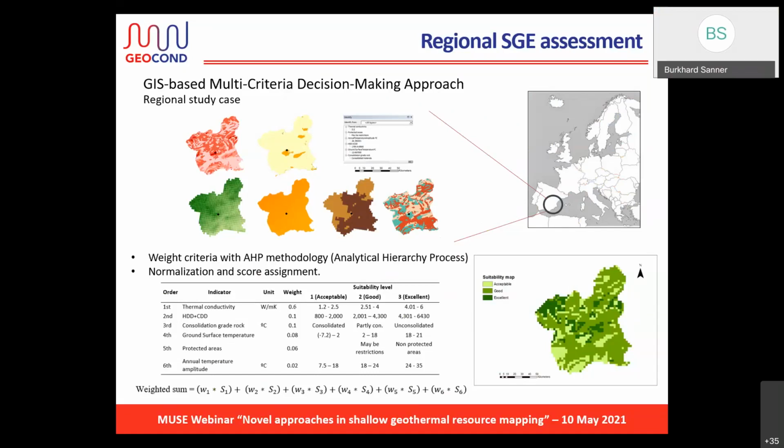It was just simply done by VDI, and we later discussed also the question of the water content and these kind of things. So there is, of course, some error in the whole process, but it was justified, at least for the Geocond project. I can explain that later on.